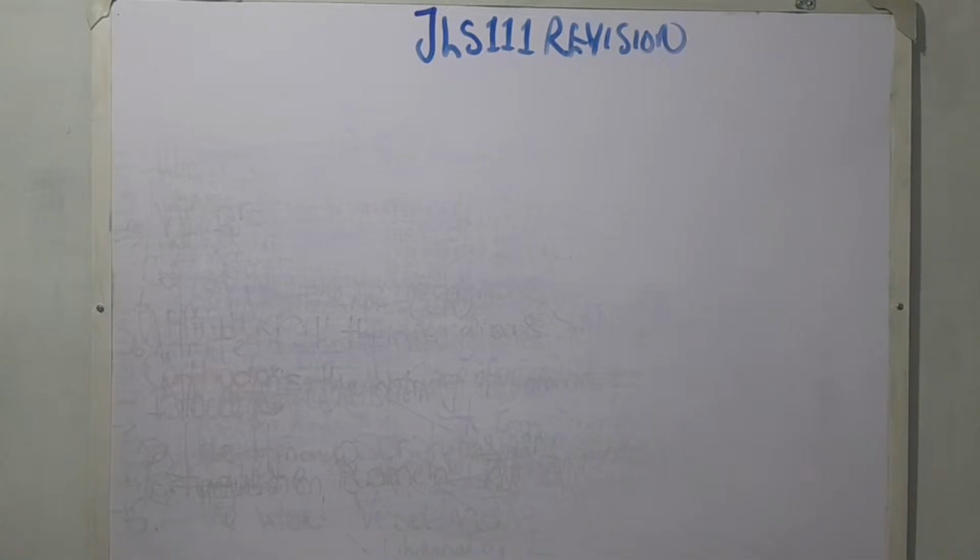As the course we have it, it says JLS 111, and basically I'm going to be taking a couple of questions. For those of us who are new to the stream, perhaps it might interest you to know that as you join this stream, it is expected of you to provide answers to questions that will be written on the whiteboard.